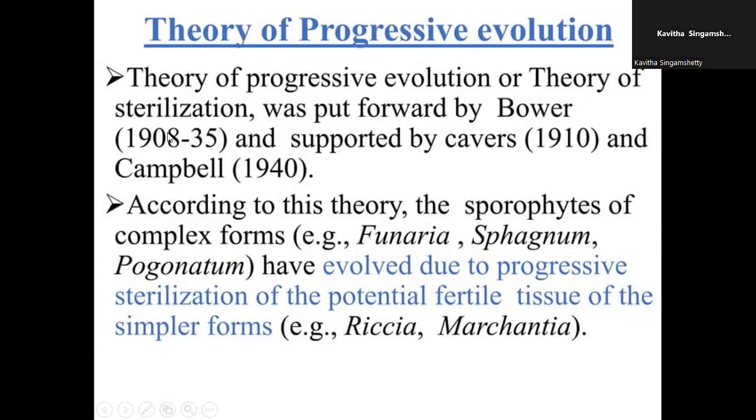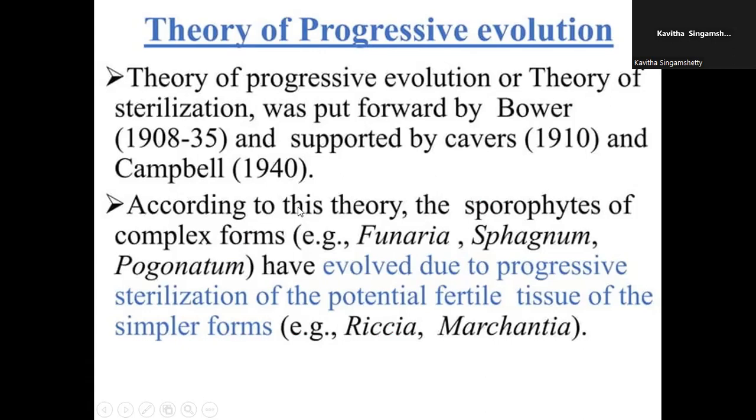So please note down these years and the names of the scientists, as they may be expected in your exam. Every time one or two questions are asked from this evolution of sporophyte. The theory of sterilization, or theory of progressive evolution, was put forward by Bower, Cavers, and Campbell from the years 1908 to 1940.